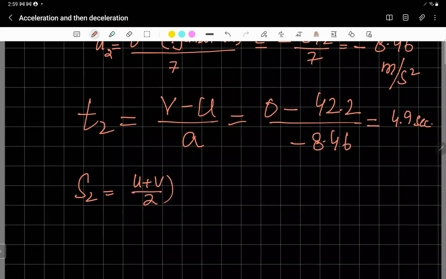Now calculate S2. Using (u plus v) over 2 into t, u is 42.2, final speed is 0, and the time is 4.9 seconds. This is how you can calculate S2. Do you understand this thing?